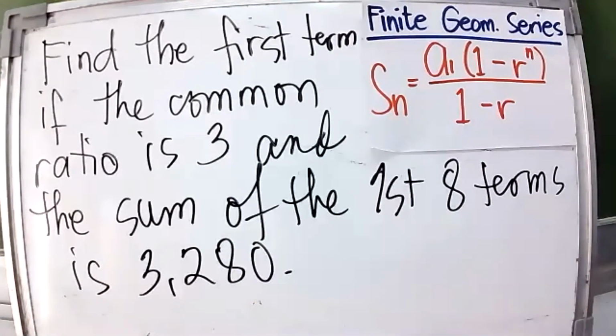Okay, take note of the given. Find the first term if the common ratio is 3 and the sum of the first 8 terms is 3,280.